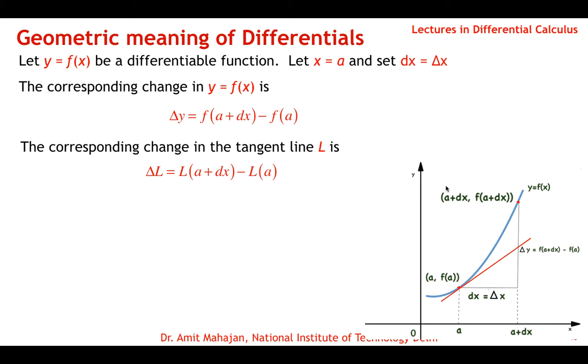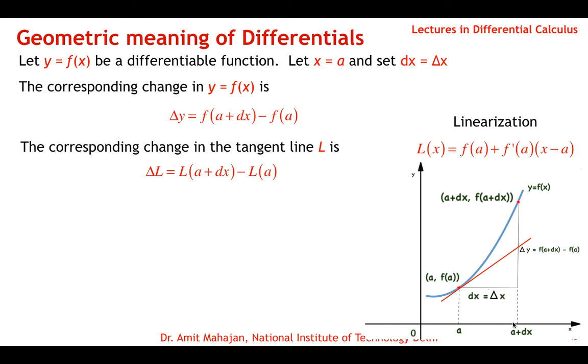of this line. For a given f(x) curve, by linearization this tangent line is f of a plus f dash a into x minus a, and if a plus dx is a neighborhood point, close to this, then we can approximate these values.